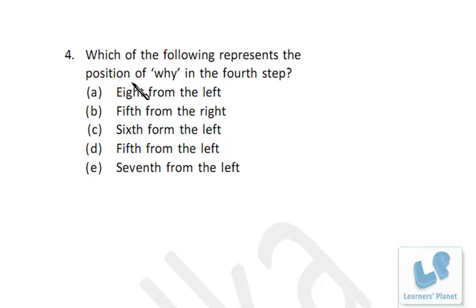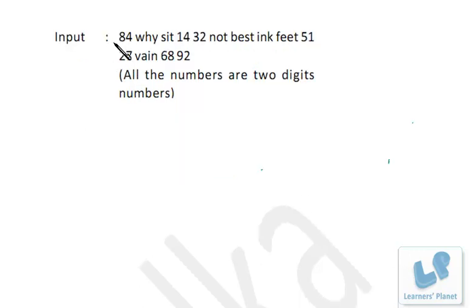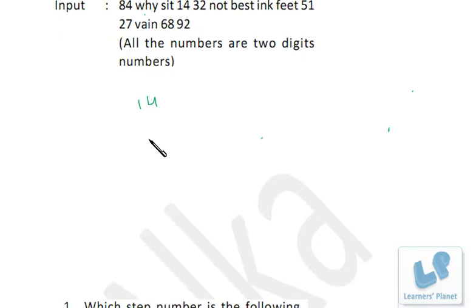Now, which of the following represents the position of Y in the 4th step? So let's write down the 4th step. Now, Y is right here. So in the first step, 14 will come at the first place. Then in the second step, it's 14, 84, Y and the remaining. In the second step, I'm sorry, it is 27.